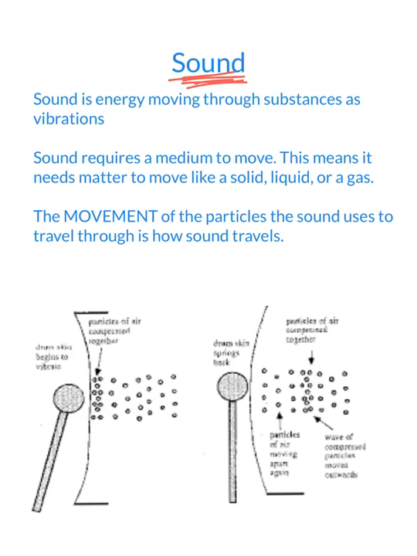Now, the movement of the particles that sound uses to travel through is how it actually travels, and it's kind of shown below. So these little polka dots down here, okay, those are all air particles. And when that mallet hits that side, it's bashing them in together, and then it causes a domino chain effect, and it's causing the sound to travel.